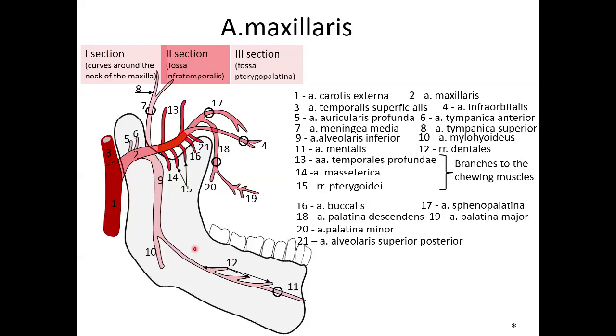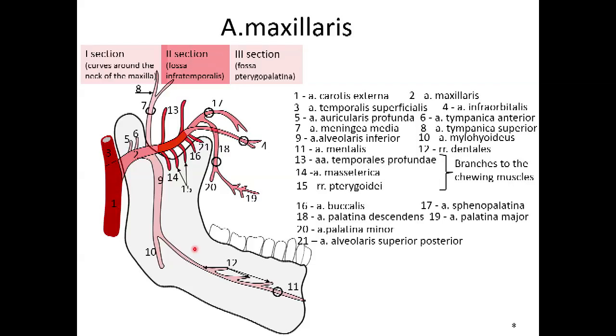So arteria maxillaris serves not only for blood supply of the maxilla, but also the mandible. And the main aim of this vessel is to supply with blood the chewing apparatus, as muscles and teeth and mucosa.